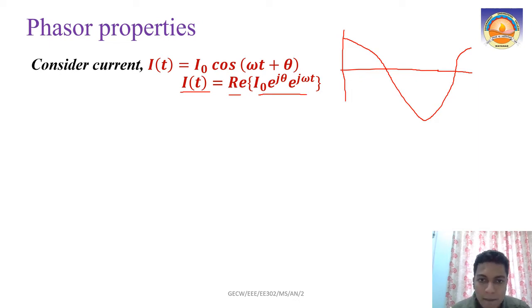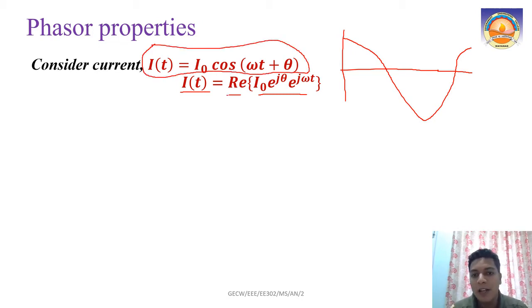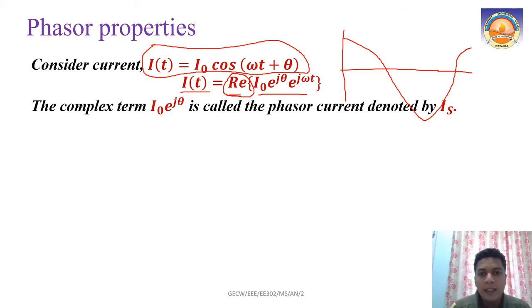Because the complete I0 e raised to j theta e raised to j omega t, if we elaborate e raised to j x as cos x plus j sin x, becomes I0 into cos omega t plus theta plus j into sin omega t plus theta. Since we already know that our current is only the real cosine part, we put the real part here. So it can be written as the real part of I0 e raised to j theta e raised to j omega t. Clear?